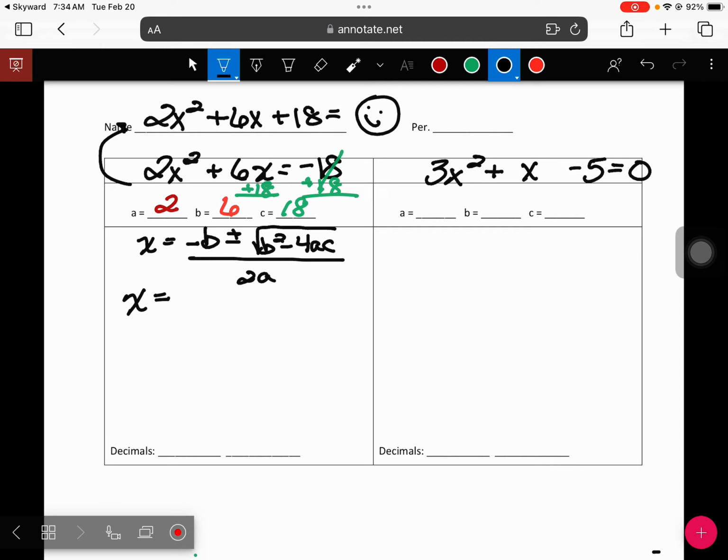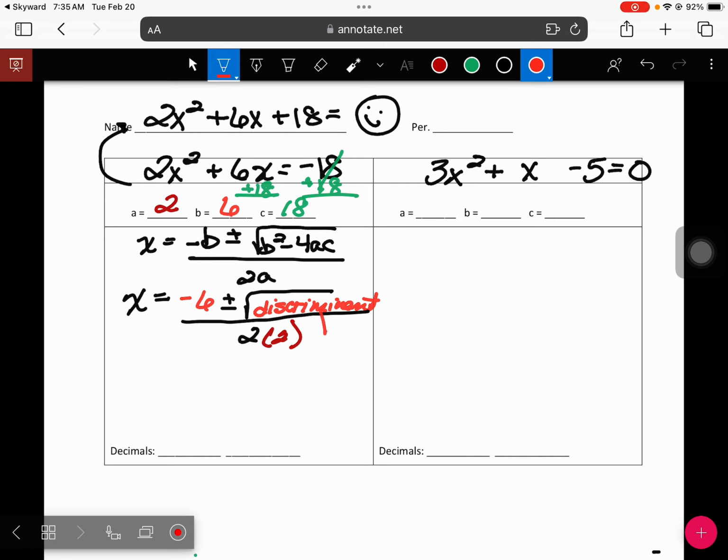Well, if b is 6, the opposite is going to be negative 6 plus or minus the square root, and I'm going to write discriminant here. I just think it is so much easier to find that on its own. All divided by 2 times a, which is 2.